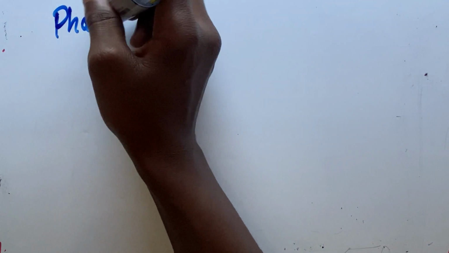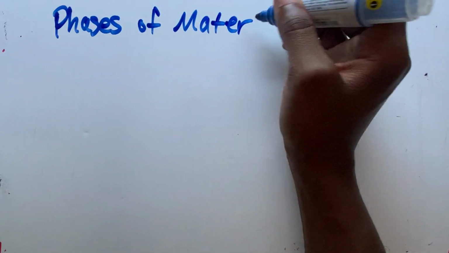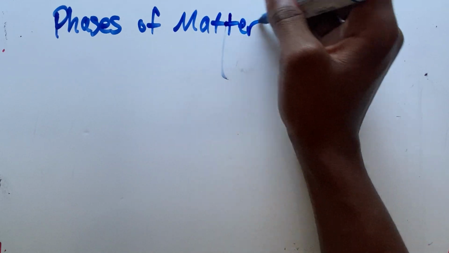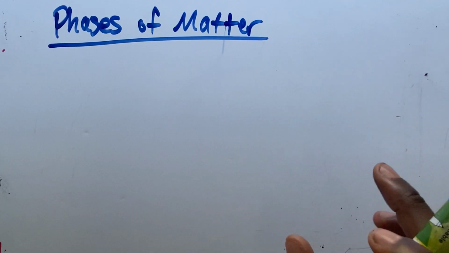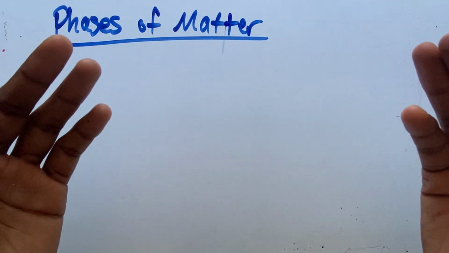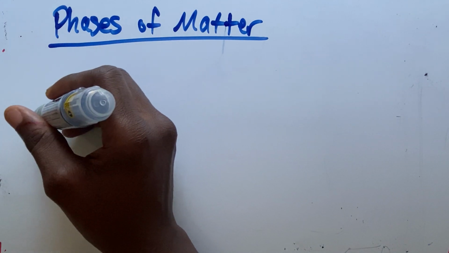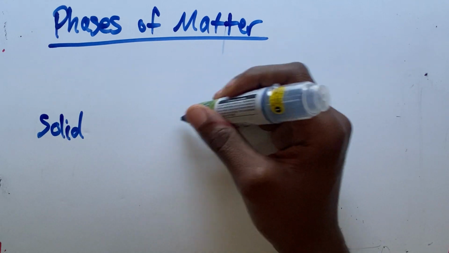So let's see, phases of matter. Must be two T's. Matter. There are three phases of matter that we're going to be talking about. There's solid, which would be ice if we're talking about water.